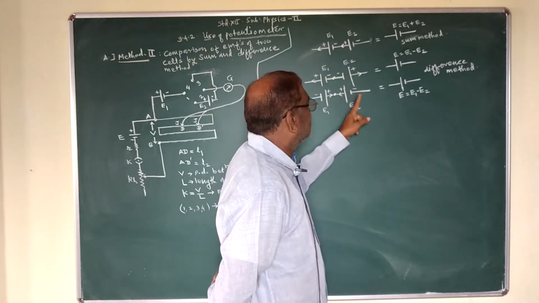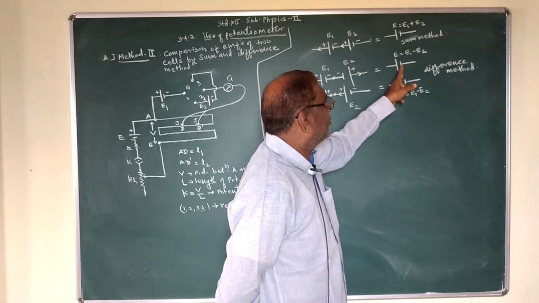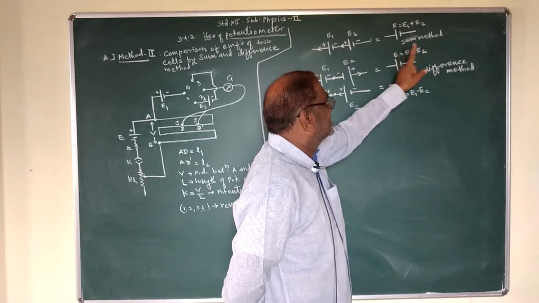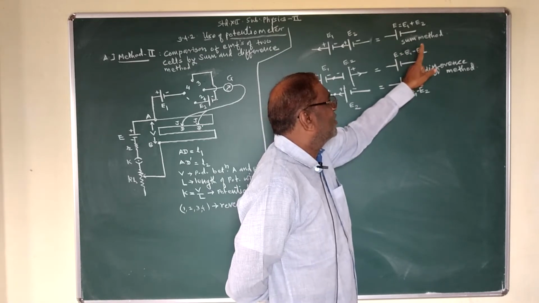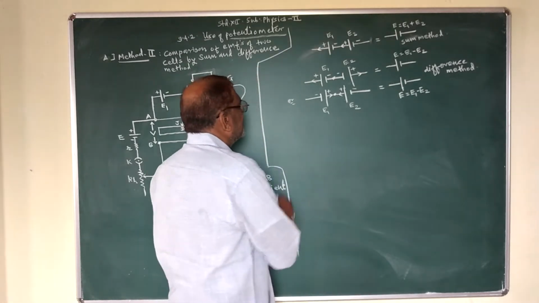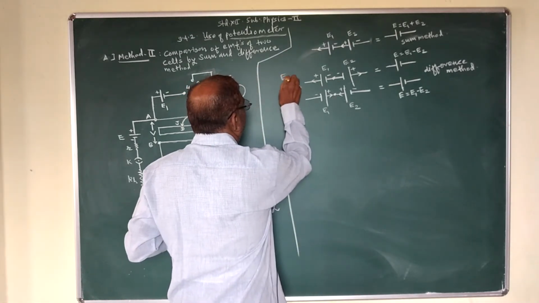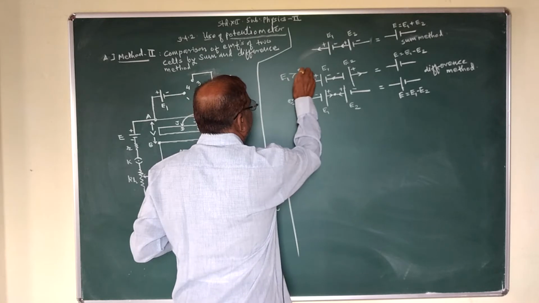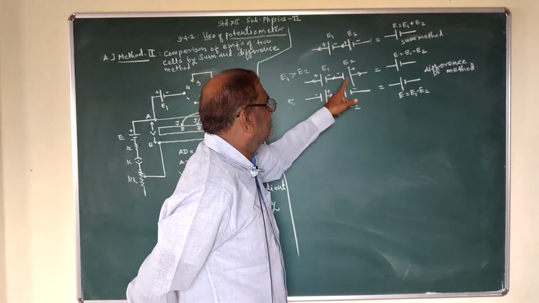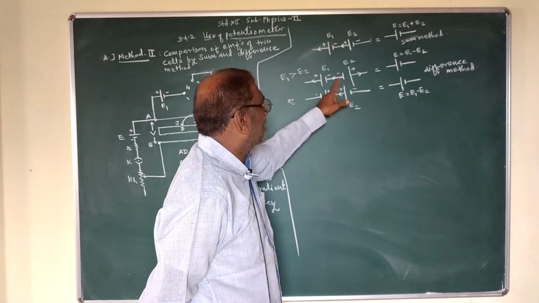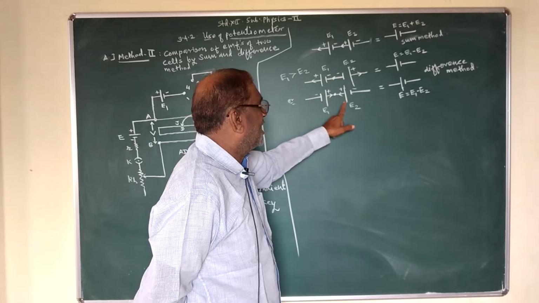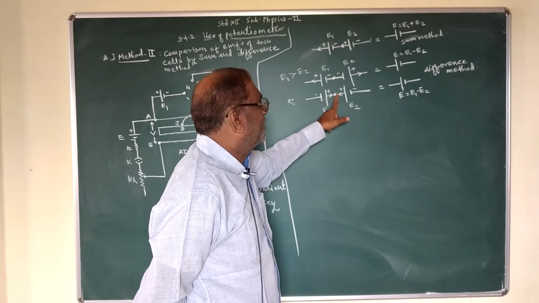Due to this combination of two cells, there is formation of a new cell having EMF equal to the difference of EMF of two cells, where E1 is greater than E2.